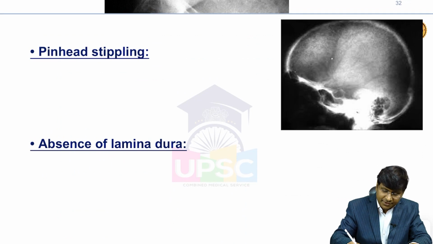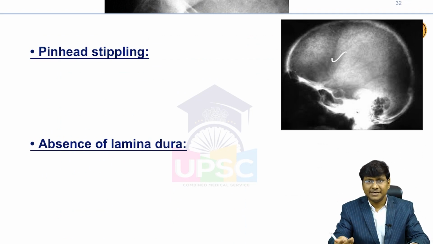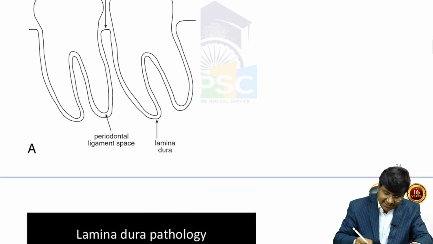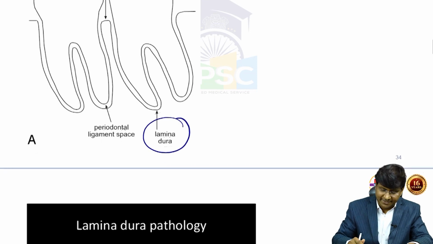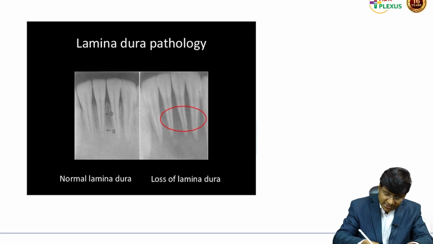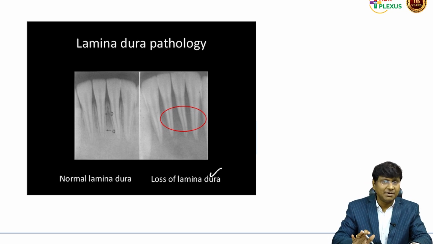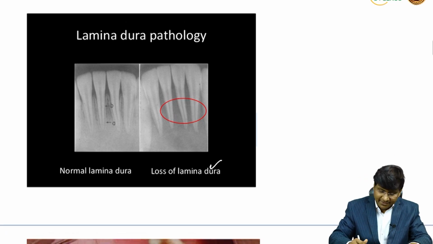And this is nothing but your pepper pot skull, or pinhead stippling, and that is because of the osteoporosis. And this is the lamina dura that will be lost in case of hyperparathyroidism, which we call the loss of lamina dura, where there is loss of the mineralized portion of the mandible. So this is the story related to hyperparathyroidism.